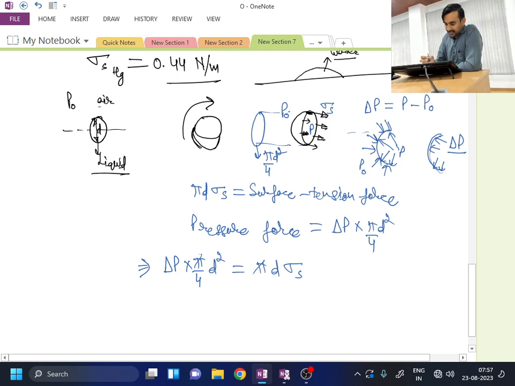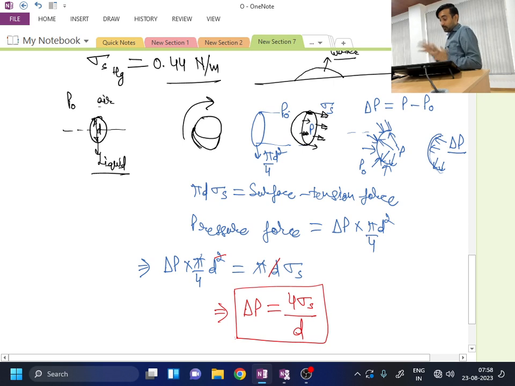So pi will cancel out, and one d will also cancel out. So from here I can say that delta P is nothing but equal to 4 sigma s by d.